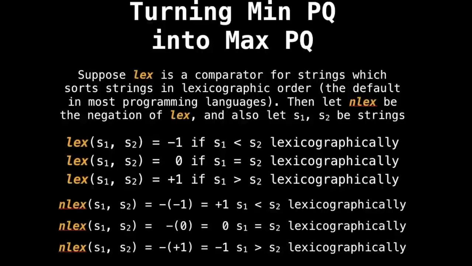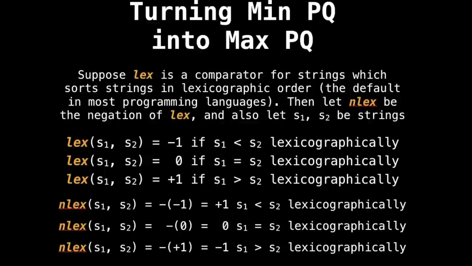So below you can see that our comparator assigns minus 1 if s1 is less than s2 lexicographically, 0 if they're equal lexicographically, and plus 1 if s1 is greater than s2 lexicographically. And then nlex is just the negation of that.